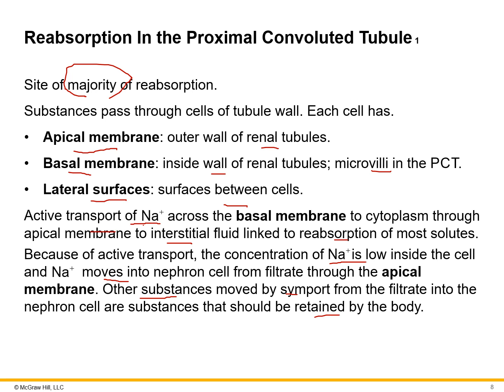Instead of generating an action potential here in the convoluted tubule, the sodium comes in as it moves with its concentration gradient. It provides energy to move other molecules to allow for reabsorption. That active transport, like the sodium-potassium pump, is important to keep the concentration where it needs to be so that the influx of sodium releases energy.